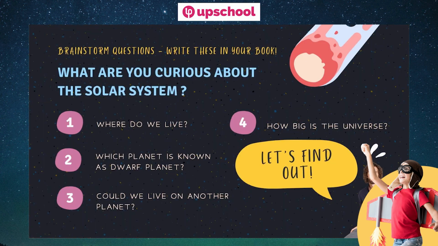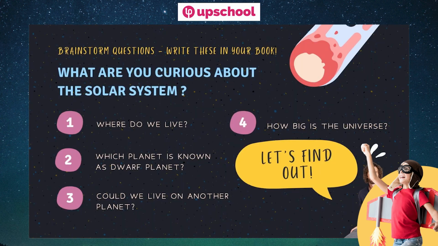So the questions we're looking at. Where do we live? Where do we actually live? You live in a house. You live in India, you live in China, you live in England, you live in Australia, but where do you actually live in the universe? Question number 2, what planet is known as a dwarf? What is a dwarf planet? Question number 3, could we live on another planet?